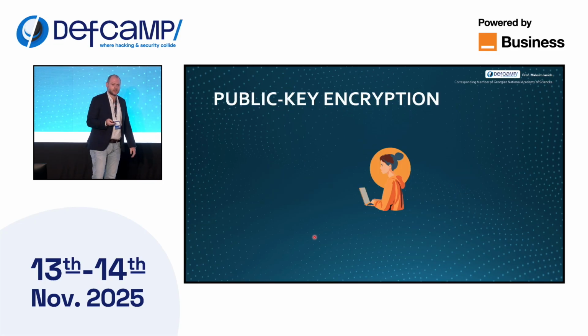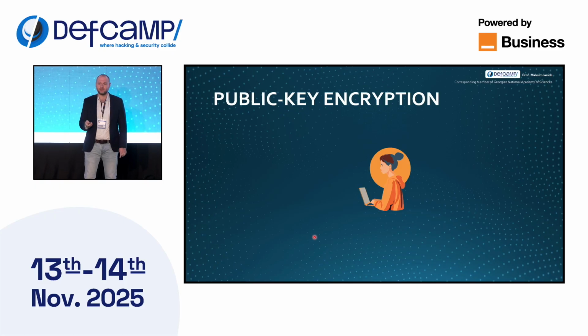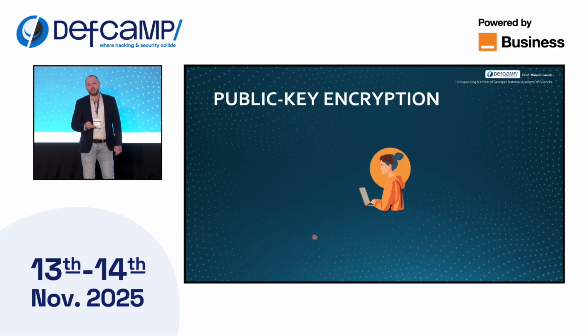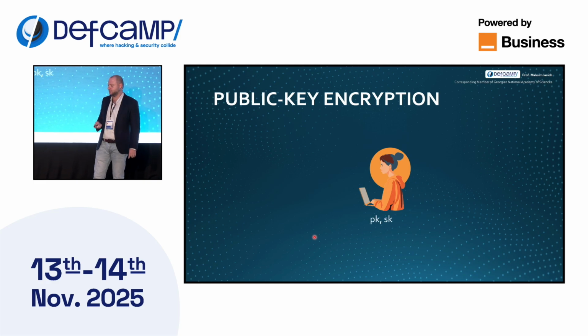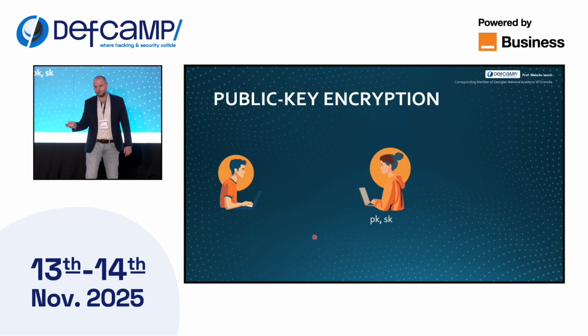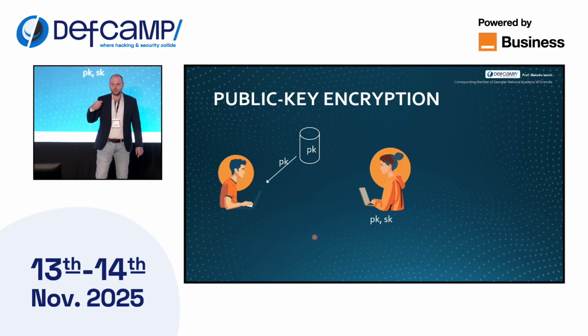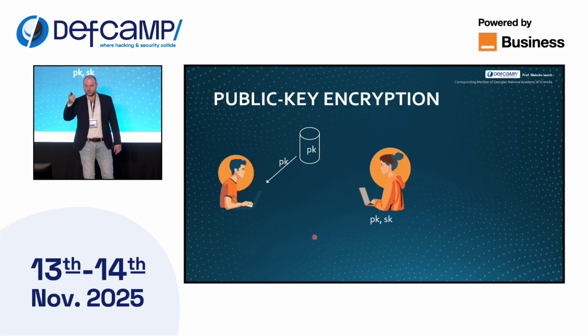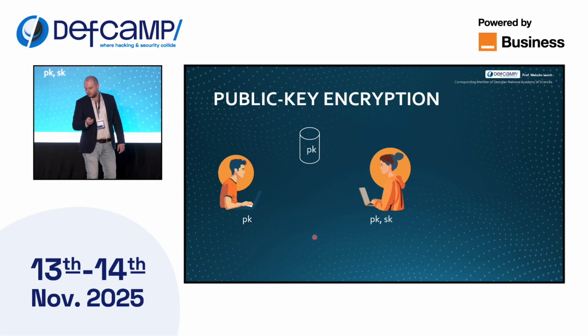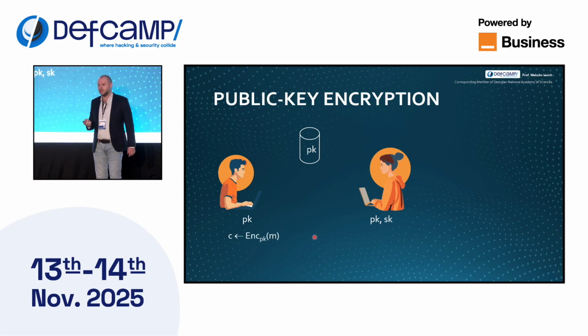How does public key encryption work? As I already told you, it's asymmetric encryption, and we have a pair of keys, two keys. Alice generates a public key and a secret key. She uploads the public key to the repository. Bob, to encrypt a message for Alice, gets her public key, and he can encrypt the message with the public key.